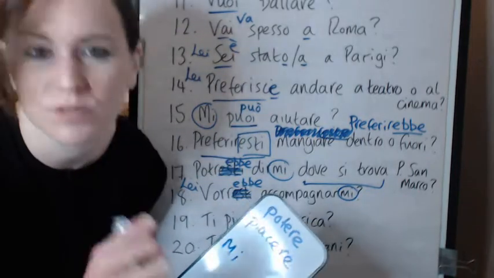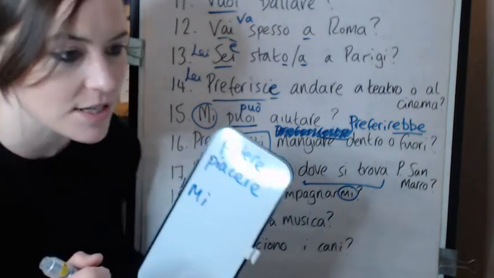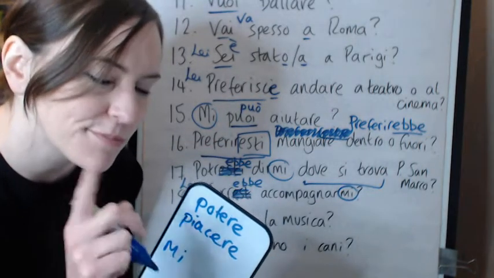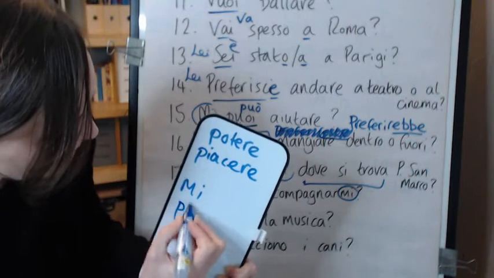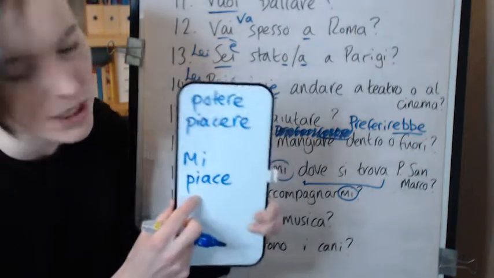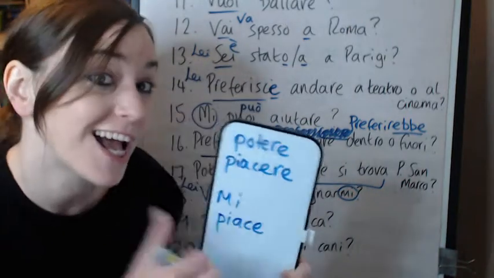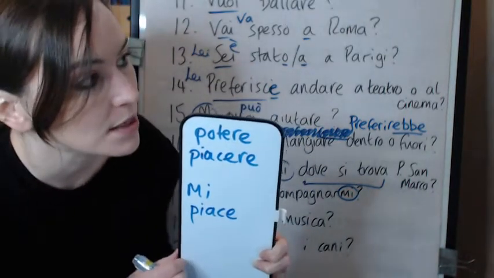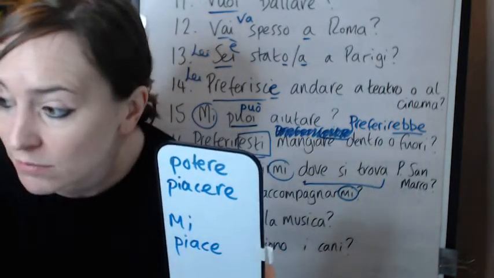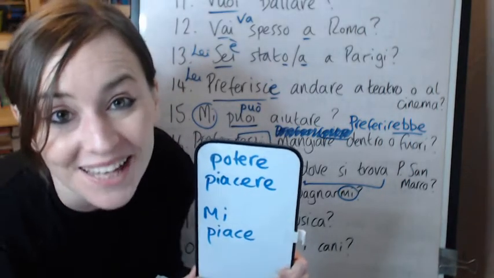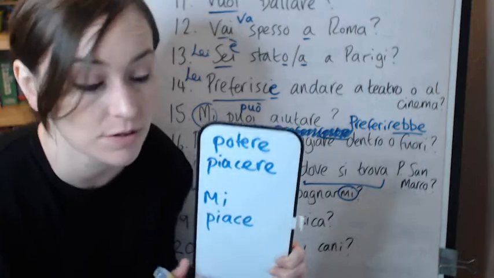It's a slightly different pronoun, with a slightly different function grammatically, but it looks the same. Okay, mi piace la musica, mi piace questo video, sì. Mi piace ballare, mi piace mia mamma, okay, mi piace il caffè, etc.